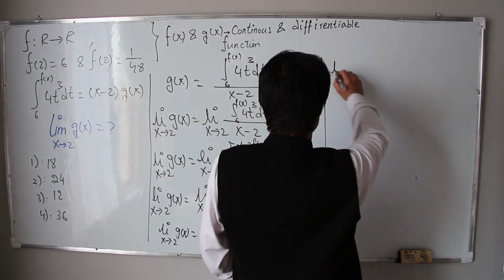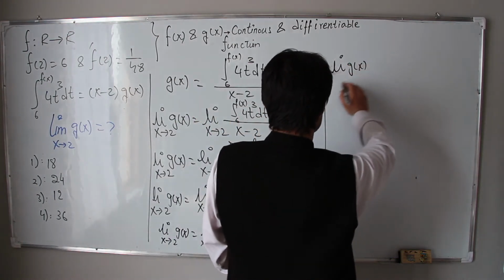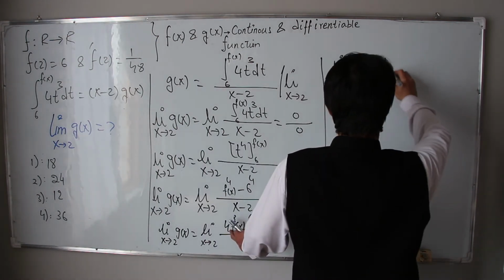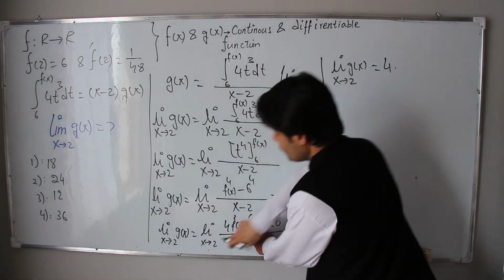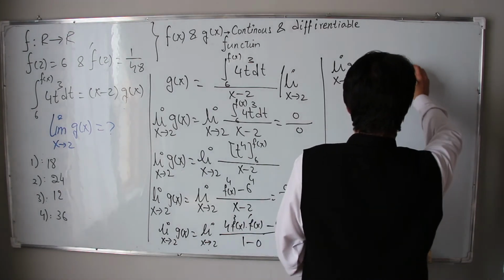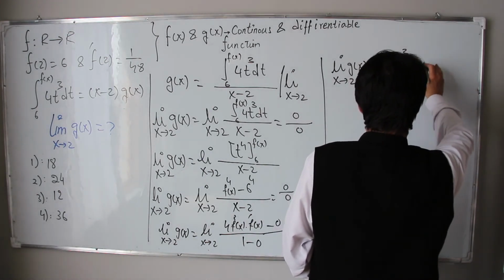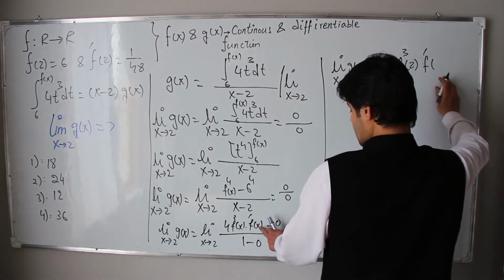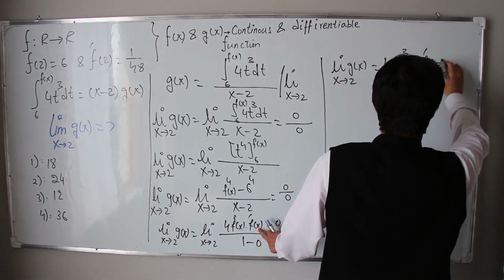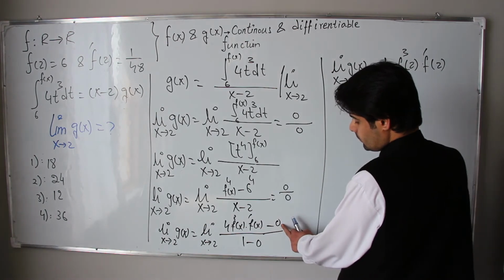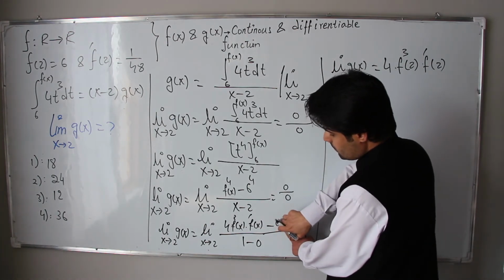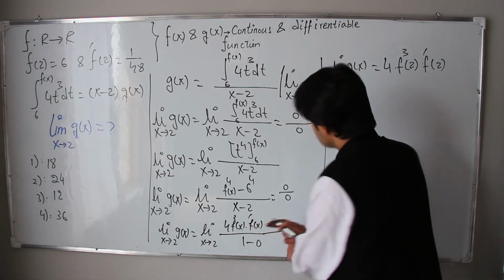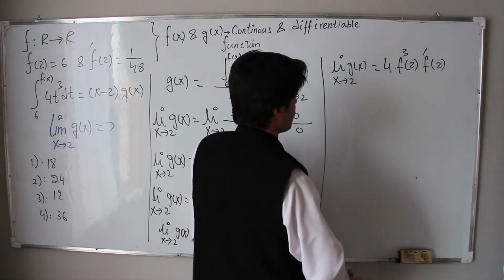So the limit of g(x) as x goes to 2 is equal to 4. Now, instead of x, we have to put 2. f to the power 3 of 2 times f prime of 2, and this 0 doesn't matter. And in the denominator we have 1 minus 0, which is 1, divided by 1.